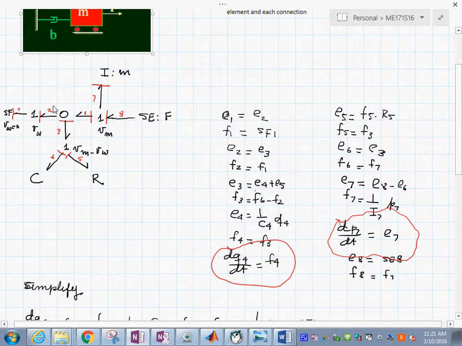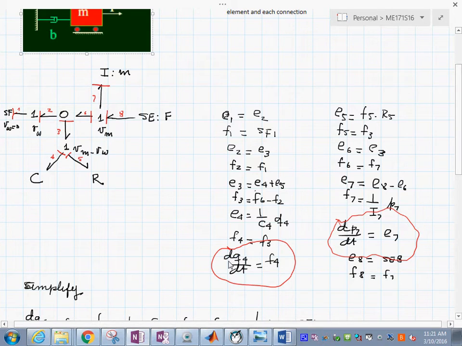It turns out that when we do that, we have this C element producing this derivative in here, and the I element producing this other derivative.